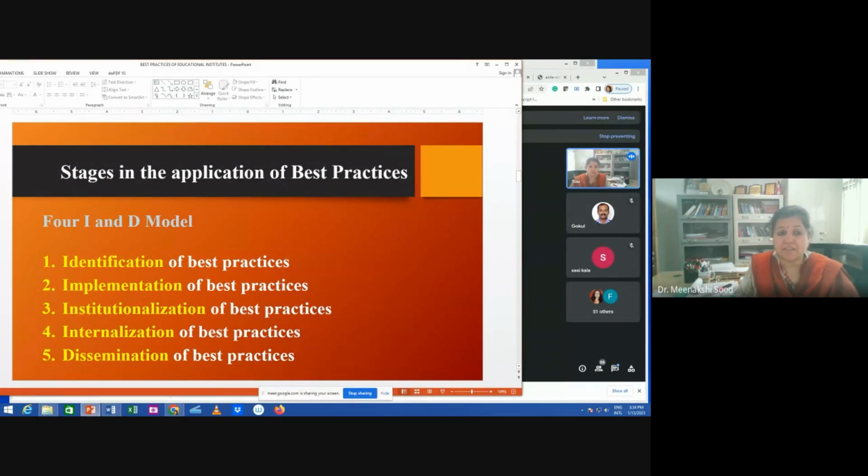Because most of us are from technical institutes, for best practices we have the 4I and D model. First of all, it is identification of best practices.